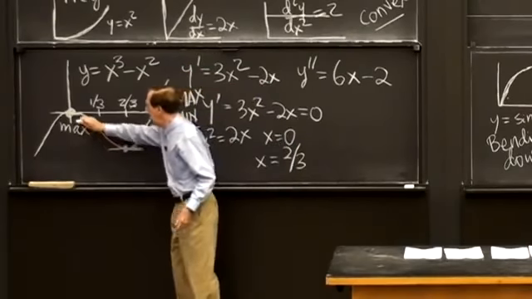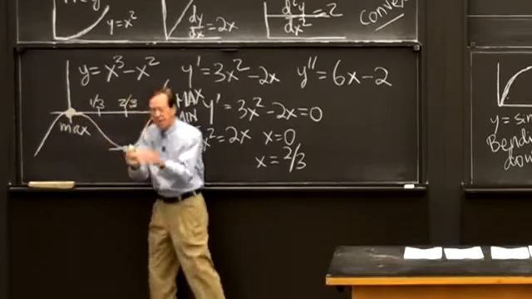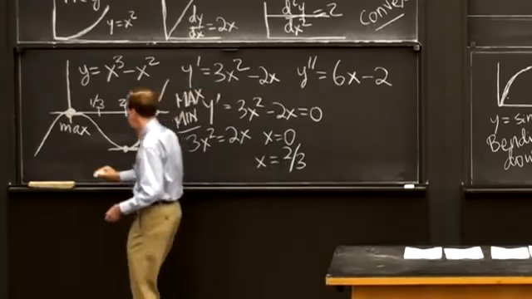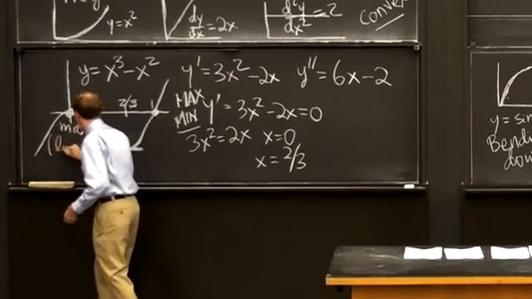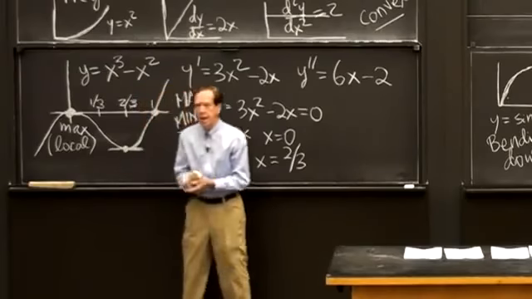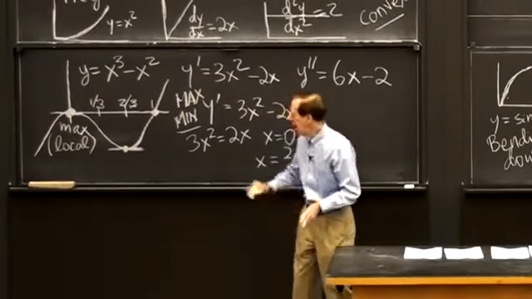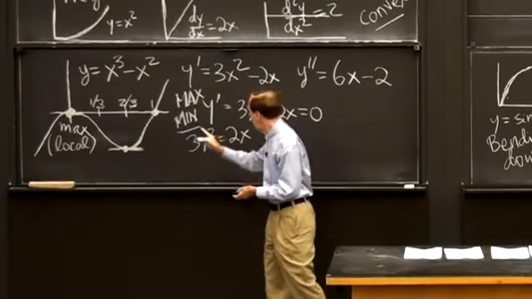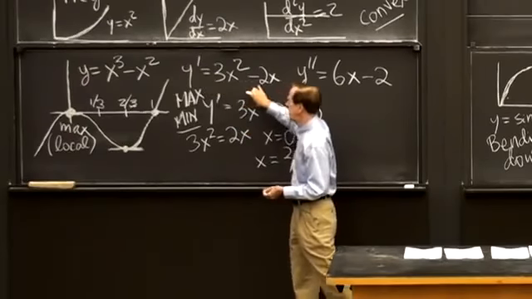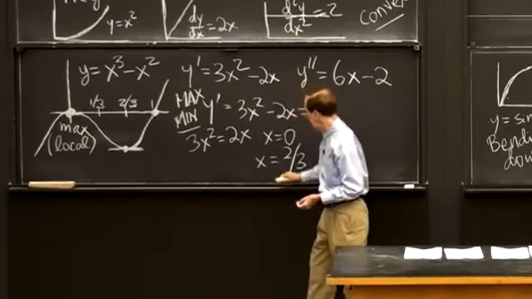This would be a maximum in its neighborhood. So a maximum, and it's only a local max. And what do I expect to see at a maximum? At x equals 0, I expect to see the slope 0, which it is.